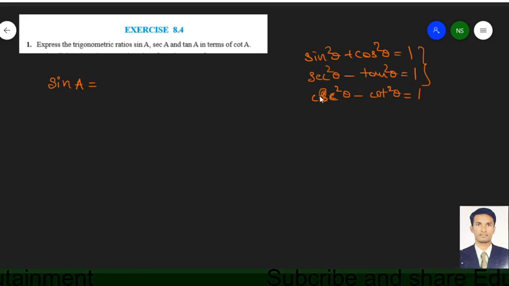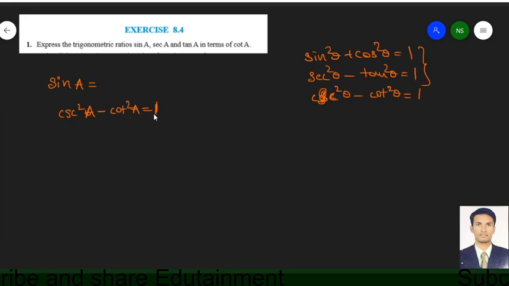Okay, we can solve this one in different methods by selecting any one of the formula. I will select the third identity. I have cosecant square A minus cot square A, which is equals to 1. Why?